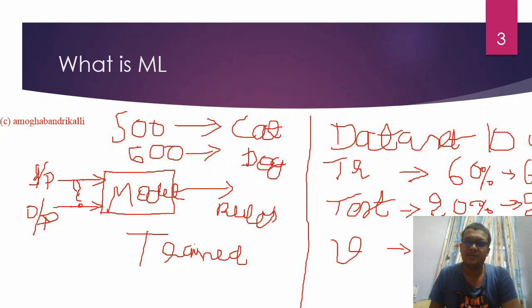It is going to take another 20%, that is another 200 images. So out of the 1000 data set, 600 are reserved for training, 200 for testing, and 200 for validation. This is what is going to happen.